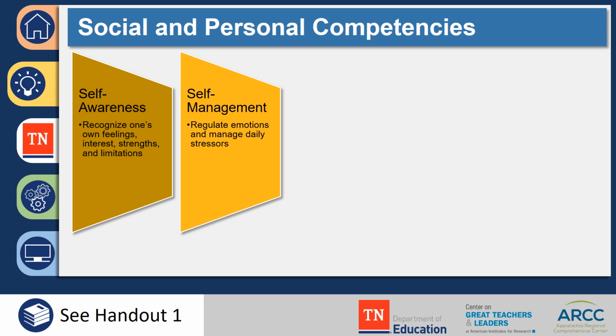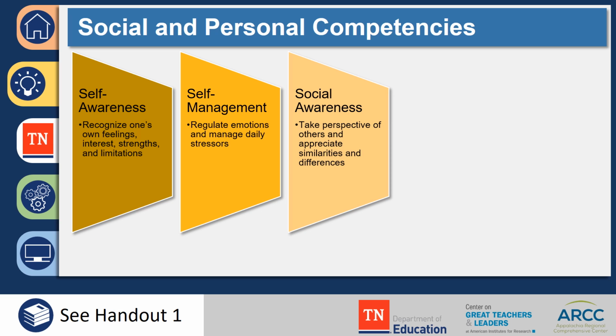Self-management refers to an individual's ability to regulate and control one's emotions and behaviors, particularly in stressful situations. Social awareness refers to one's ability to take the perspective of others, demonstrate empathy, acknowledge and appreciate similarities and differences, and understand how one's actions influence and are influenced by others.